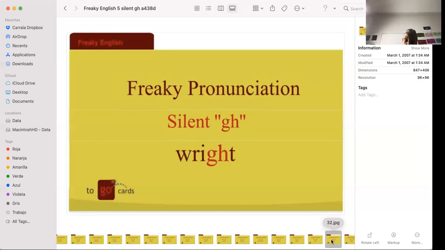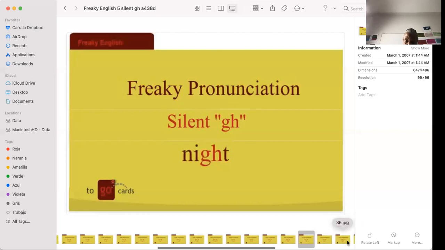Right, W-R-I-G-H-T. The W is also silent, not just the G-H, but the W. Night, N-I-G-H-T. Tight, something that is tight, it's not loose.